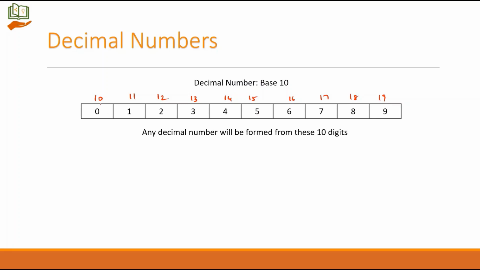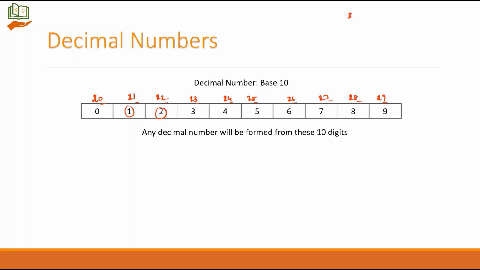So the 0, 1, 2, 3, 4, 5, 6, 7, 8, 9 will be repeating with 1 in the first position. After 19 you will have 20, then 21, 22, 23, 24, 25, 26, 27, 28 and 29.